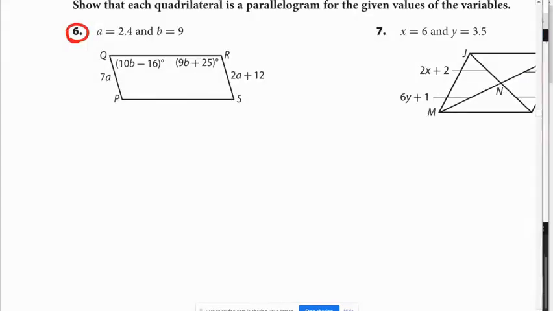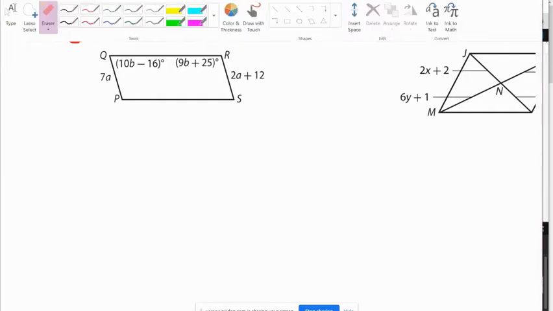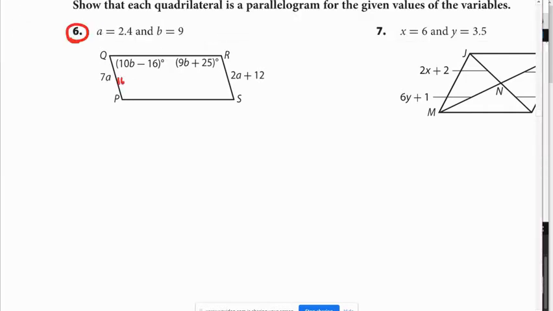For problem number 6, if A is 2.4, then this side is 16.8. Let me see if I get a smaller pen here. 16.8, and 2 times 2.4 plus 12 is also 16.8.